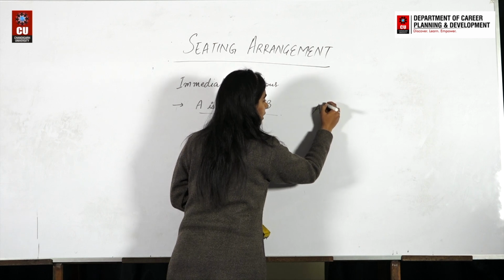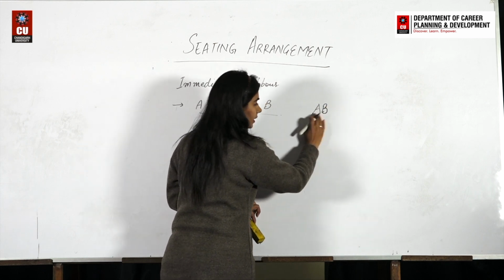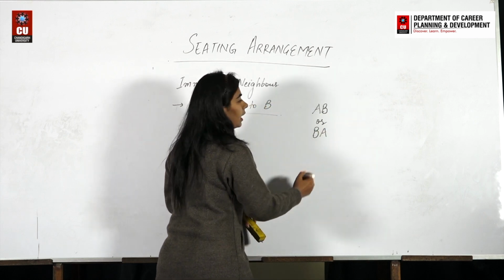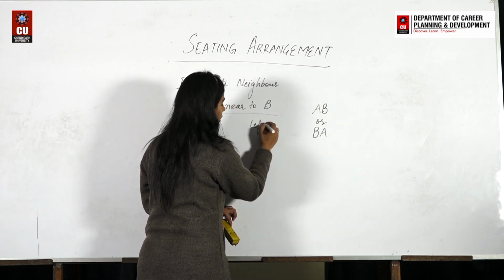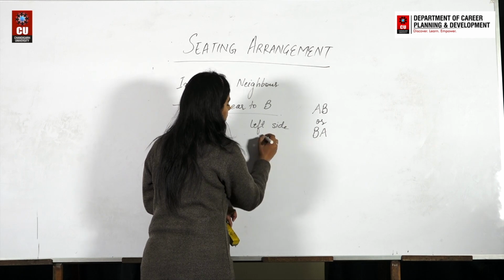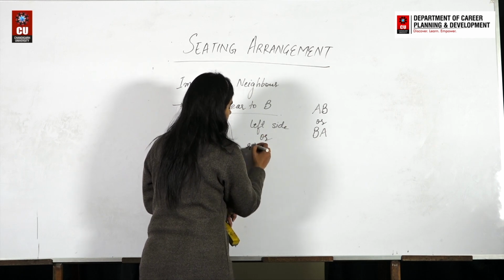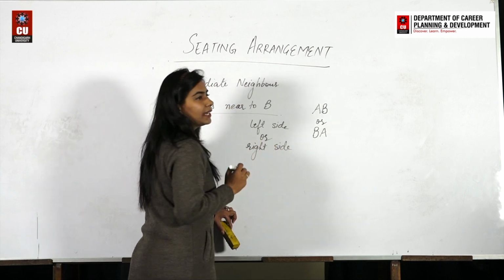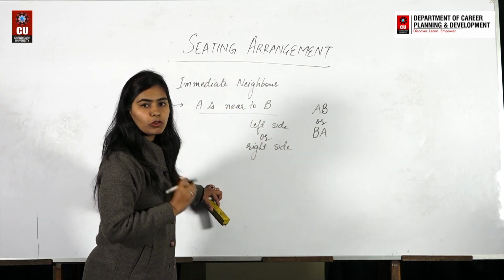A is near to B, either this arrangement or this, either on the left side or on the right side. Case of possibility occurs in this type of questions.